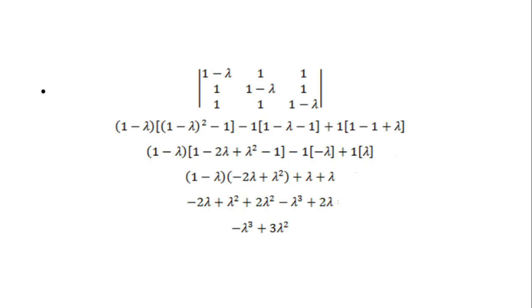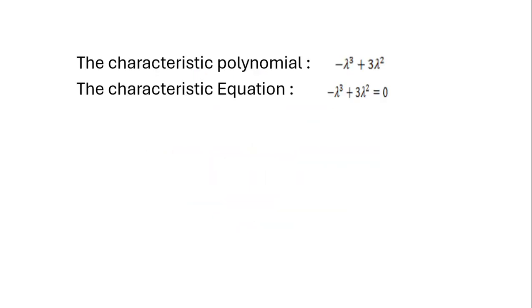After expanding all the values, we write minus lambda cube plus 3 lambda square, because the coefficient of lambda and the constant term will be 0. So finally we got the characteristic polynomial as minus lambda cube plus 3 lambda square.